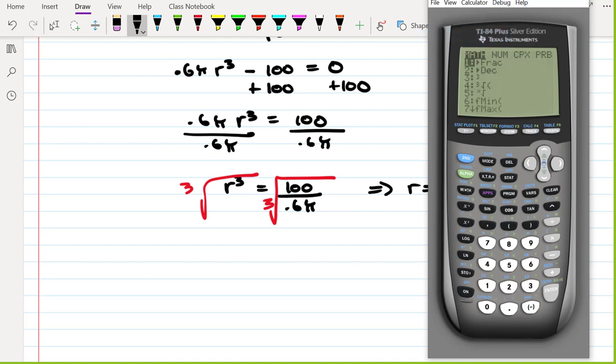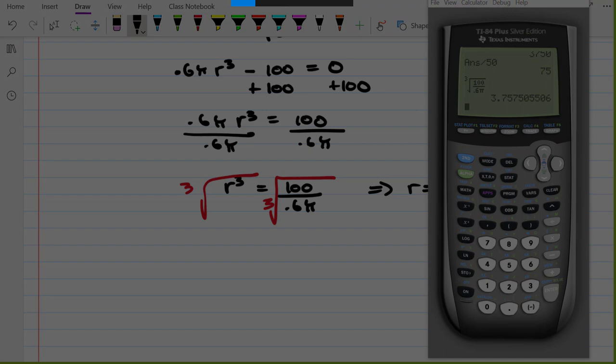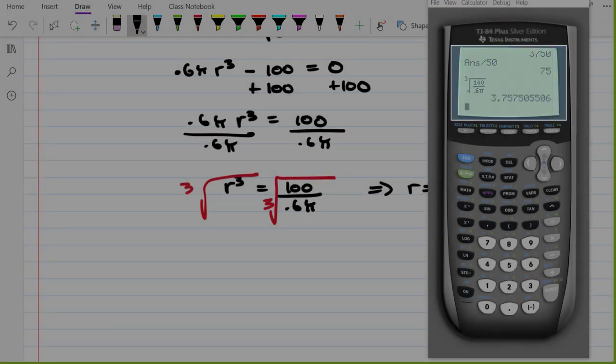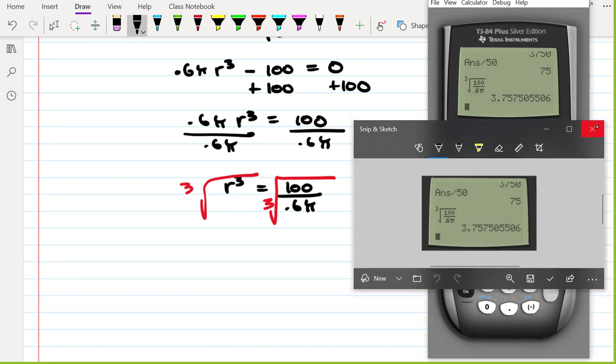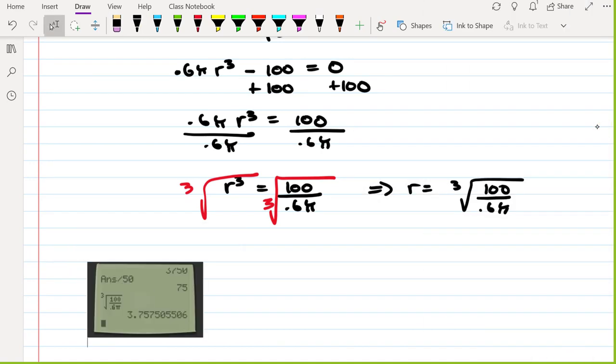So we press math to get our cube root, that's choice number 4, and the cube root of 100 over 0.6 pi, oh, not e, gives us 3.7575, so if we round to the nearest hundredth, we would get 3.76 centimeters.